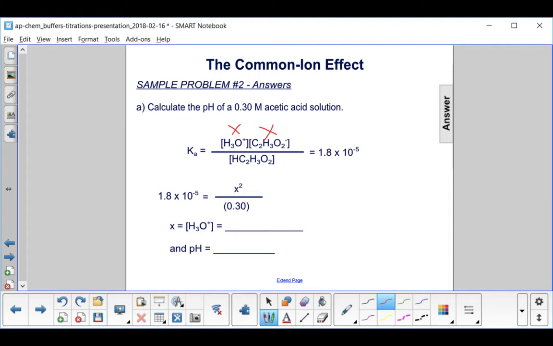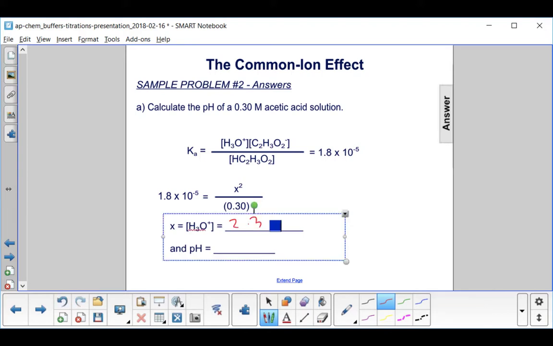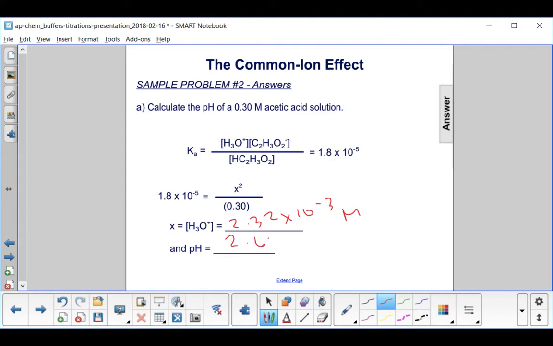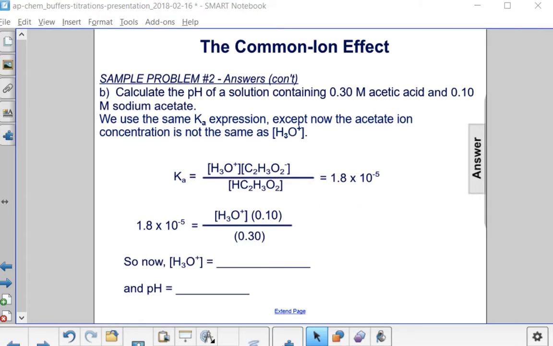And we do some algebra to solve for X, and we get 2.32 times 10 to the minus 3 molar. And of course, the negative log of that concentration, since X is our hydronium ion concentration, gives me a pH of 2.63.